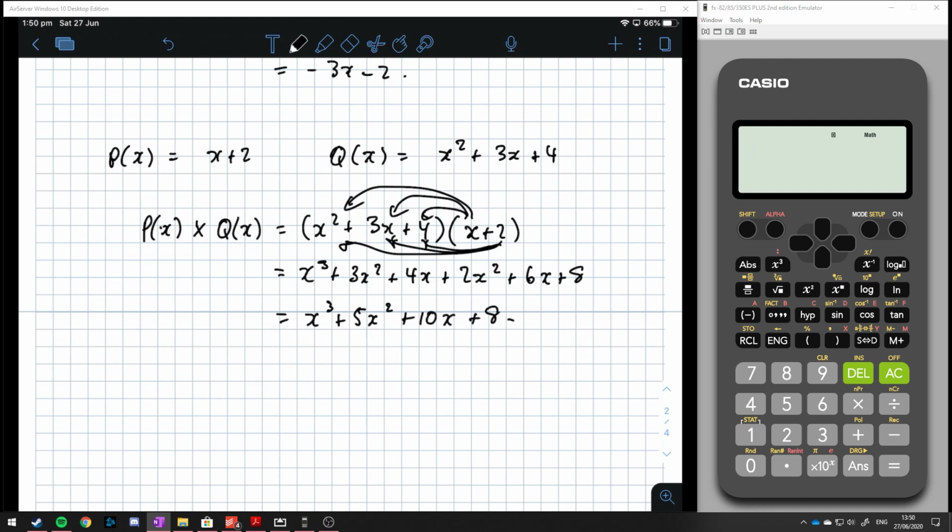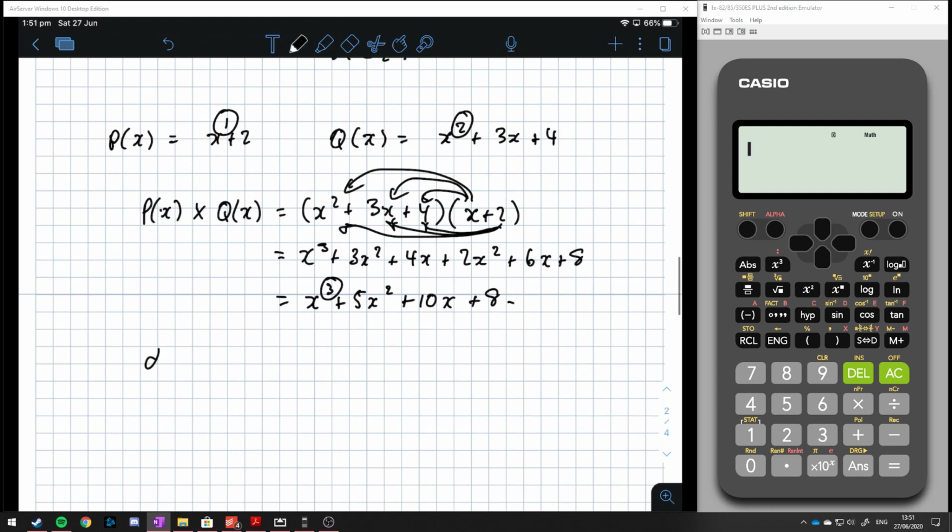And as you can see, the degree of this one is 3, which is the sum of the highest degrees in these ones here. So the degree is equal to the sum of the highest powers.